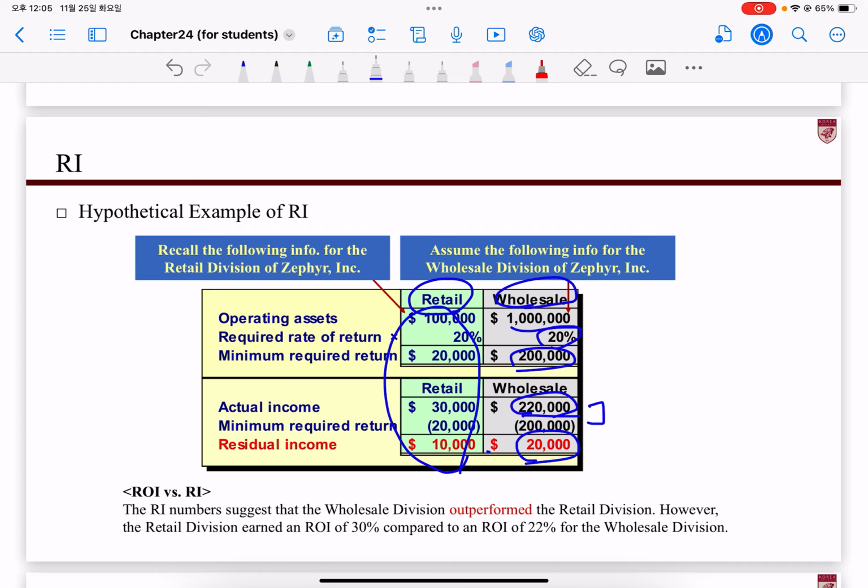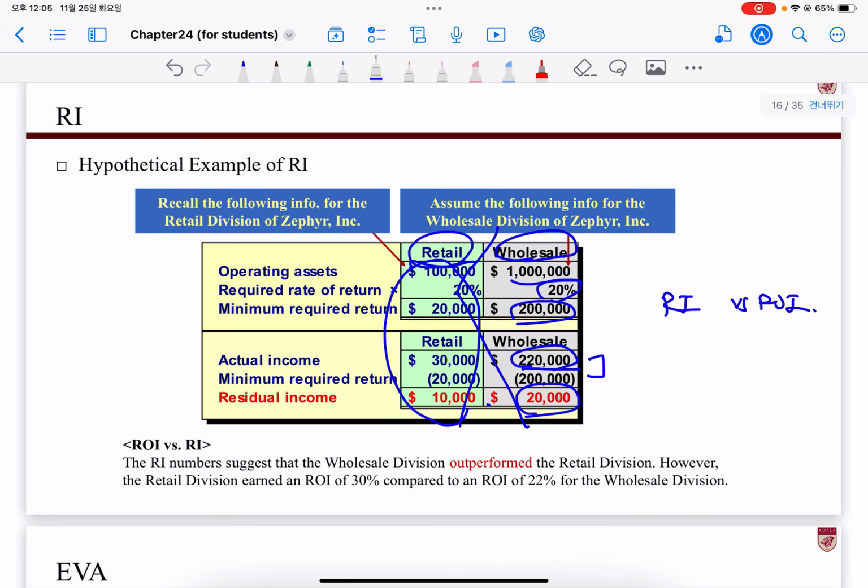So if you don't know anything about RI versus ROI, you may falsely think, oh, wholesale is a better business than retail. But in fact, it's not. Why? Because here we are missing ROI. The retail division earns 30% ROI, but wholesale only 22%, right?